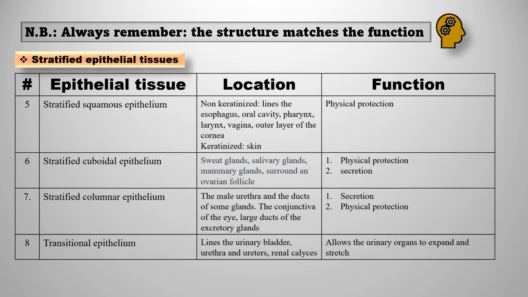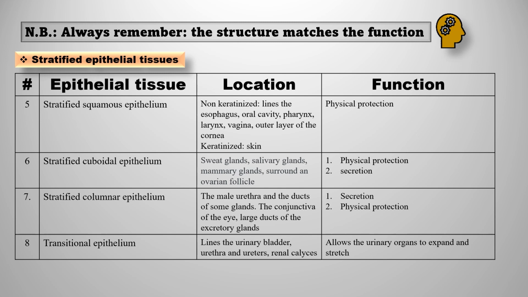Stratified cuboidal epithelium, we can find in the sweat glands, salivary glands, mammary glands, and it surrounds an ovarian follicle. It also has physical protection, and a secretion function.